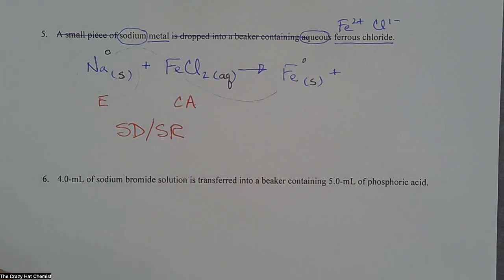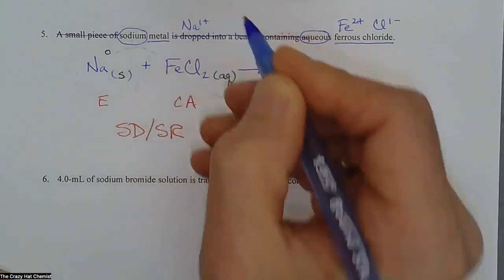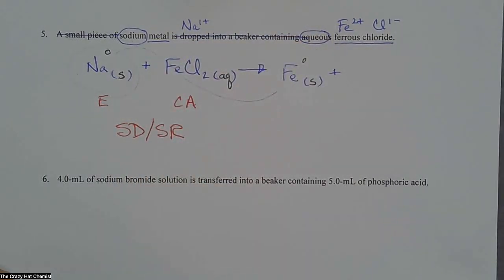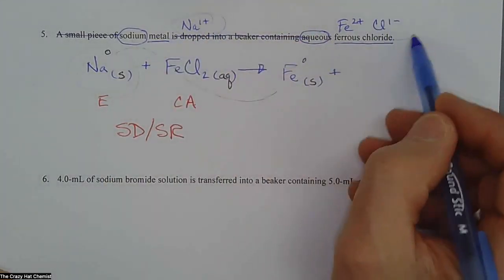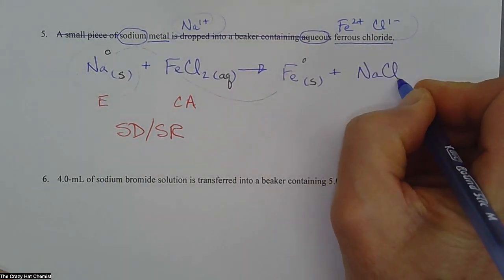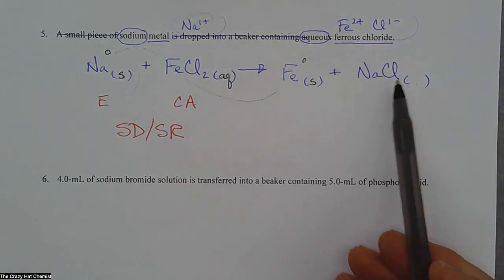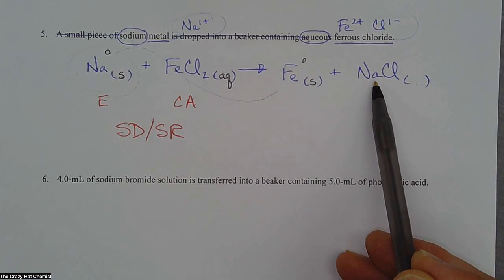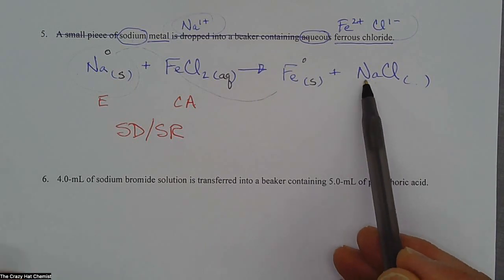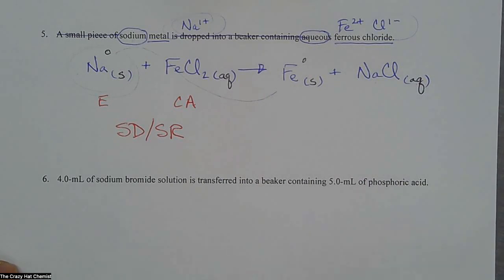Well, what is the periodic trend of a sodium ion? That's a 1 plus because it's in group 1. And so I'm going to combine the sodium ion with the chloride ion, and that will be NaCl, like that. And here we go. We're going to come up with the state of matter for sodium chloride based on our solubility rules, and that is anything with sodium in it is aqueous. So we're going to write aqueous there, just like that.